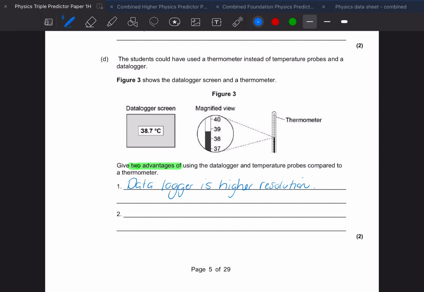And because it's higher resolution, that's going to mean that it's much easier to read, and there's going to be less chance of misreading it. So reduced chance of misreading the temperature.